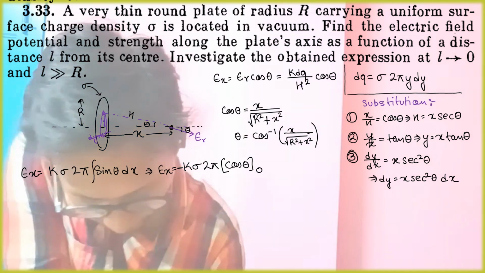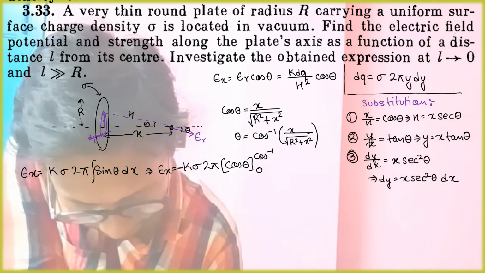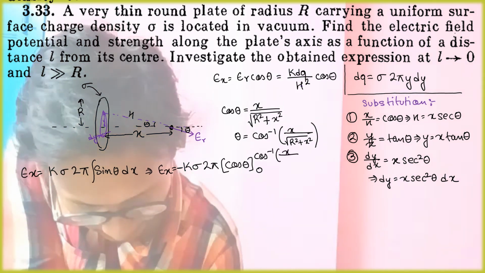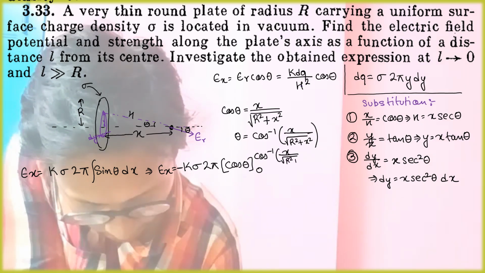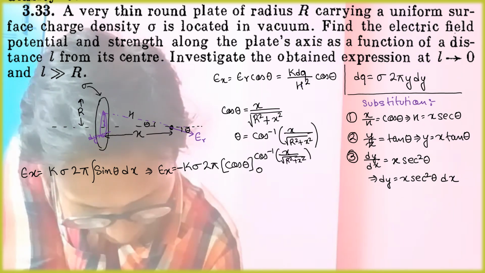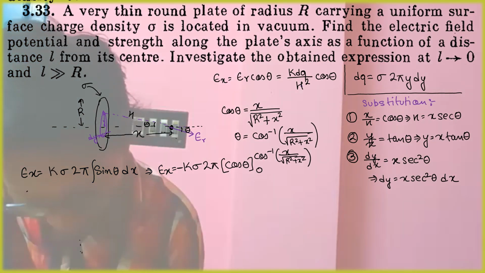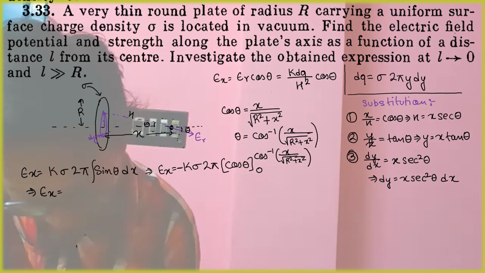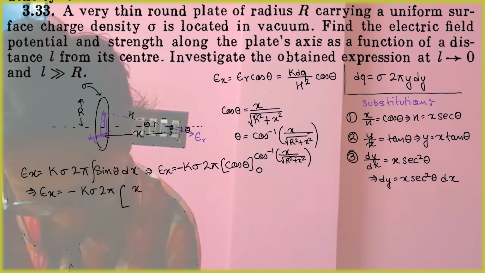So cos inverse x by under root of r square plus x square. So the x component of electric field is nothing but minus k sigma 2 pi into x by under root of r square plus x square minus cos of 0.